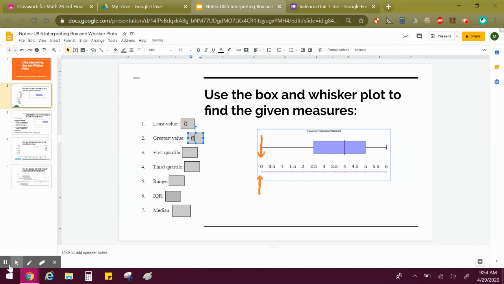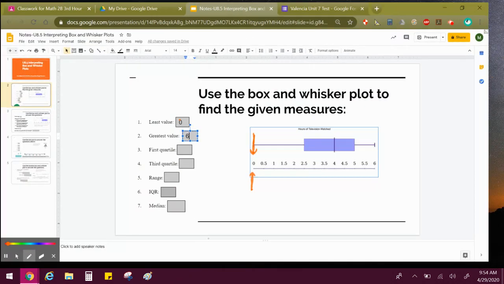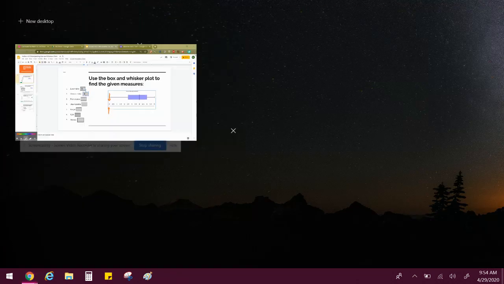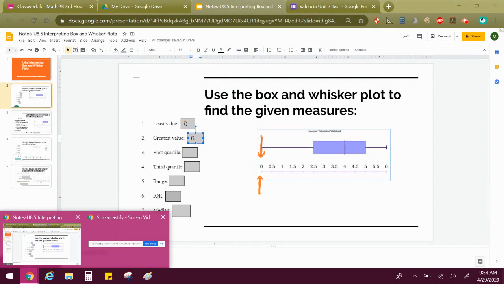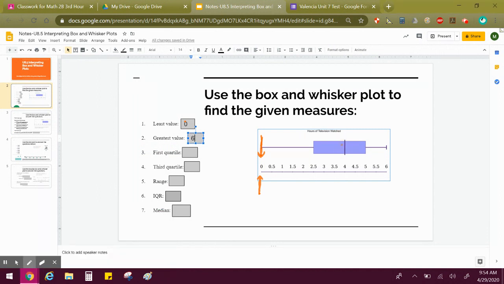If I'm looking at quartiles, I'm looking at this region right here, this box. The box in the box and whisker plot represents the quartiles. Okay, so on the farthest left side, this is my Q1.